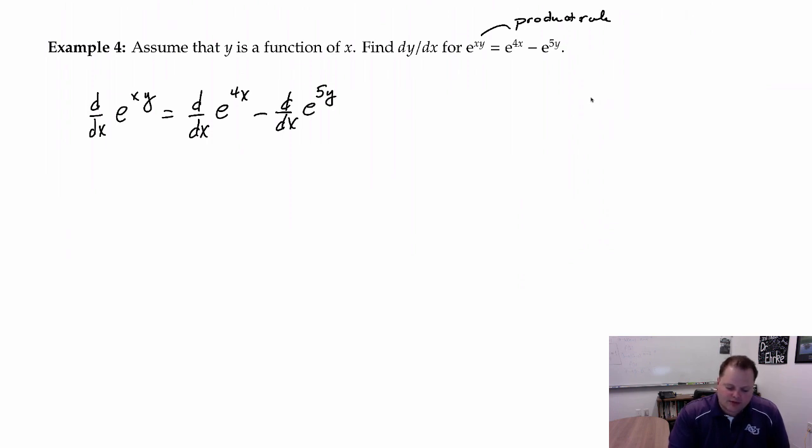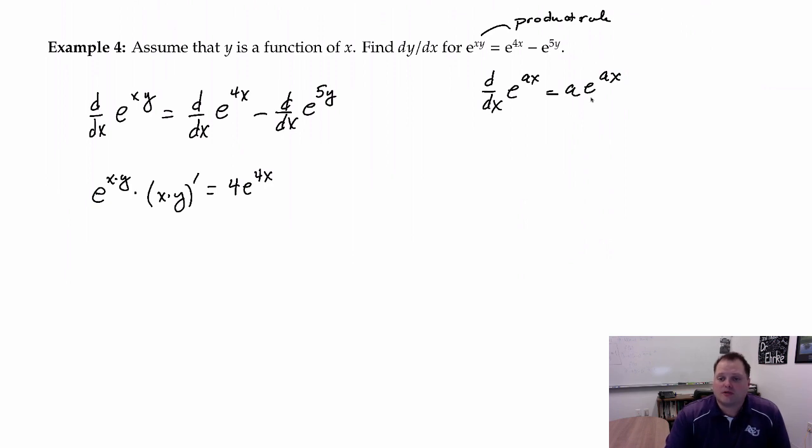so we'll start with the left-hand side here. The derivative of e to anything is e to that thing, but then I've got to multiply by the derivative of the inside. The derivative of e to the 4x is 4e to the 4x. Remember, the derivative of e to the ax is ae to the ax.